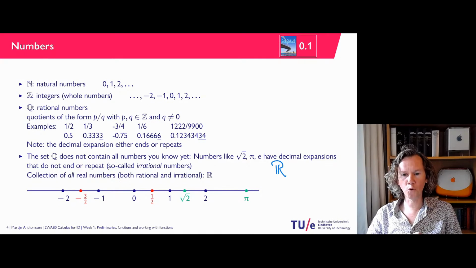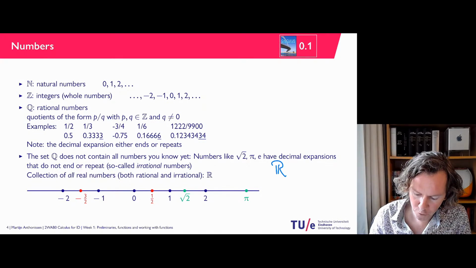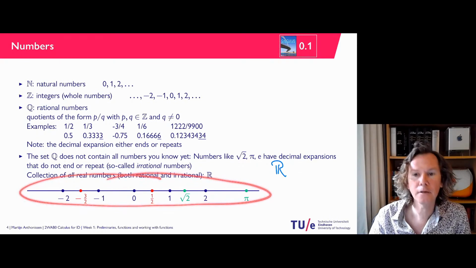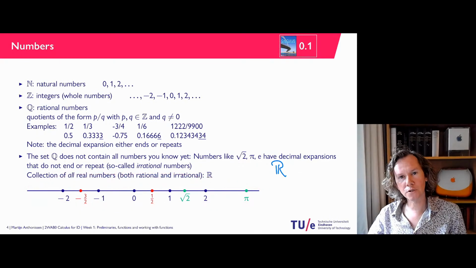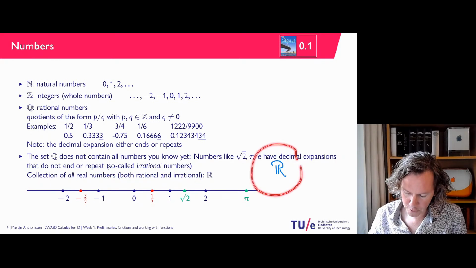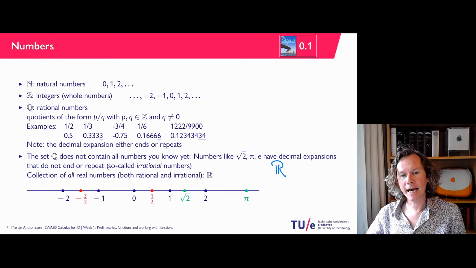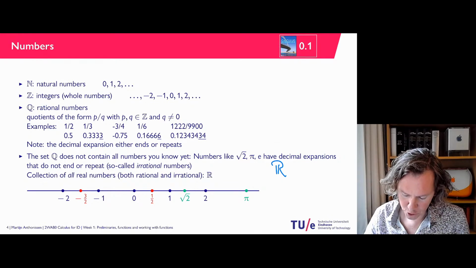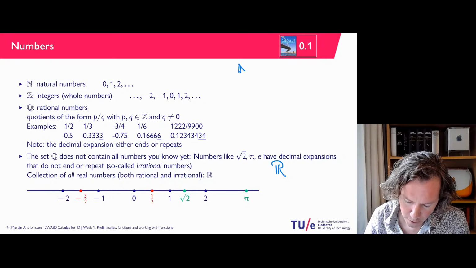Those are basically all numbers. So if you remember from school that you denote all the numbers, you can denote them with a line. So all the numbers on this line, that's this set R. And we already looked a little bit at notation. So you could say that N is a subset of Z is a subset of Q is a subset of the real numbers.